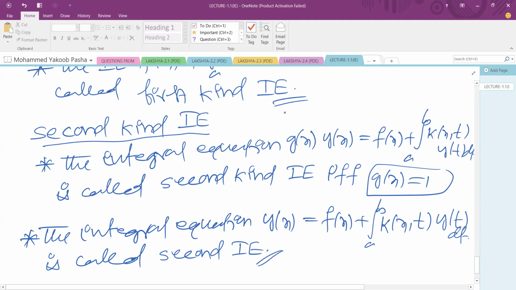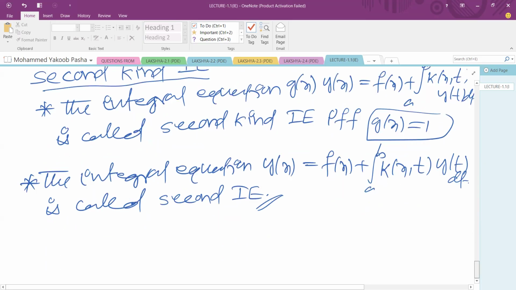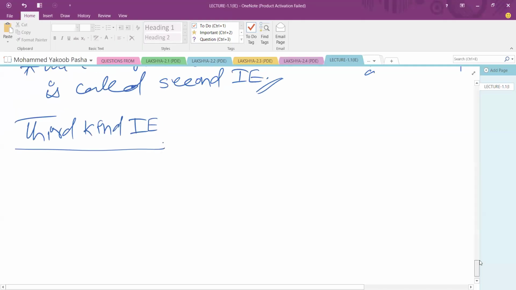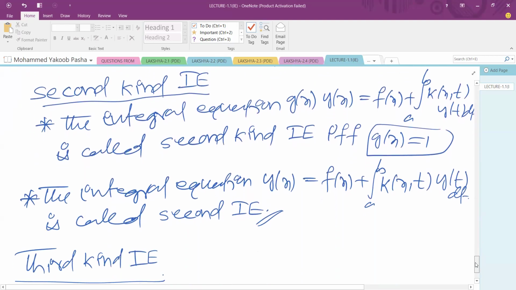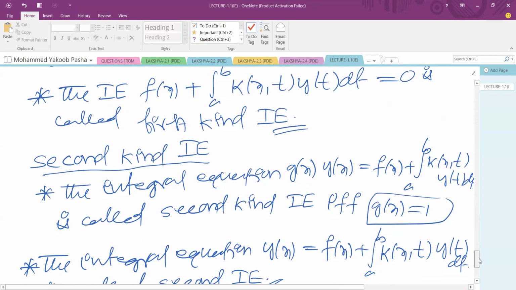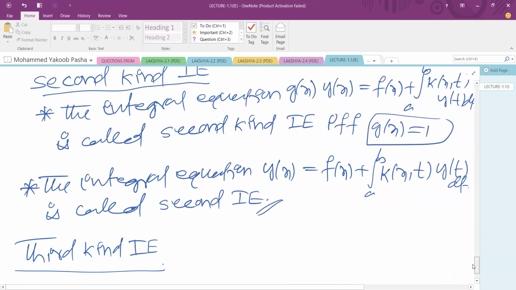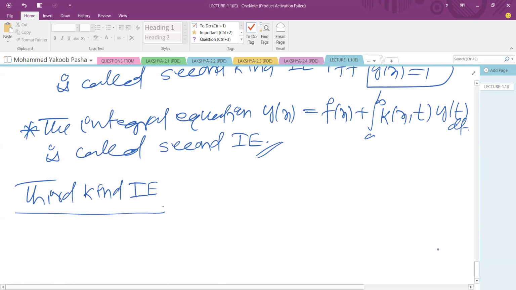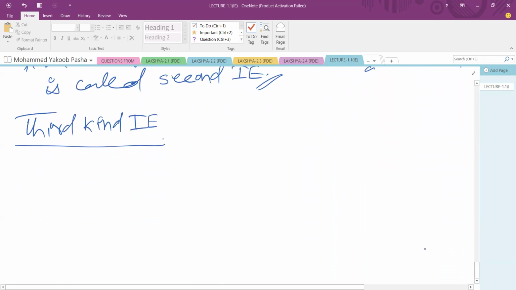Now we can define the third kind also. When g of x is 0, first kind, no problem. When g of x is 1, second kind, no issue. Where g of x is neither 0 nor 1, that means it may be any variable, never 0, never 1, such type of integral equation is called third kind integral equation.